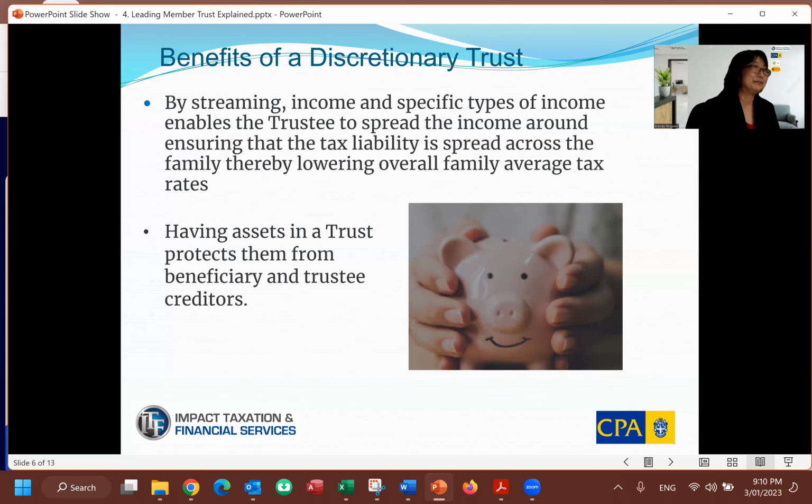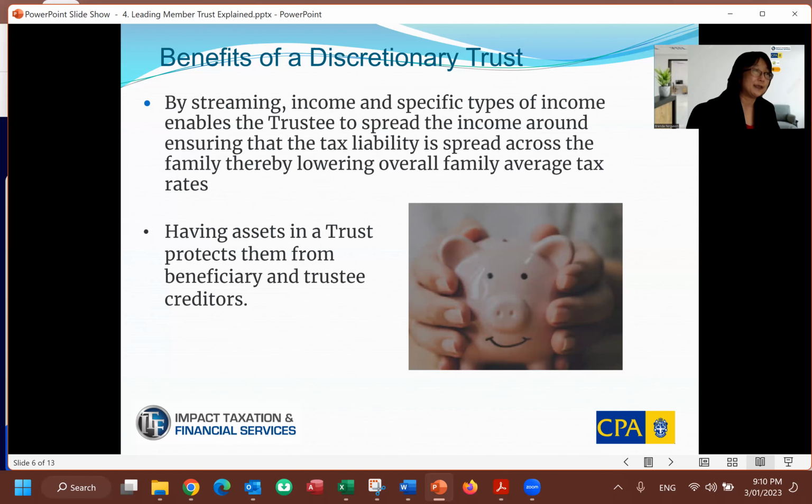Another benefit of a discretionary trust is that having assets in a trust structure will help to protect them from beneficiary and trustee creditors. The reason being, when you think about it, with a family trust there's no real owner of the underlying asset.